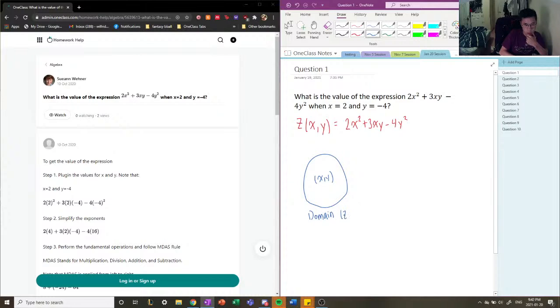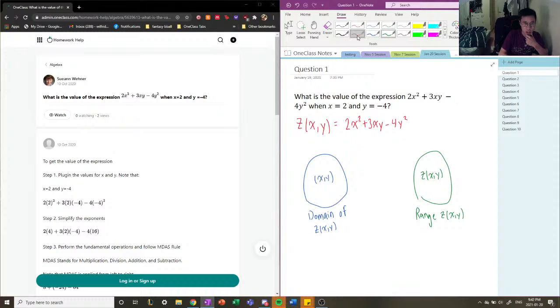And we have a pool of values called our range of z of xy, where values of xy are mapped to z of xy.